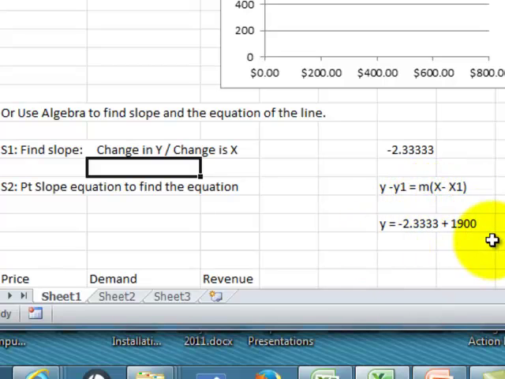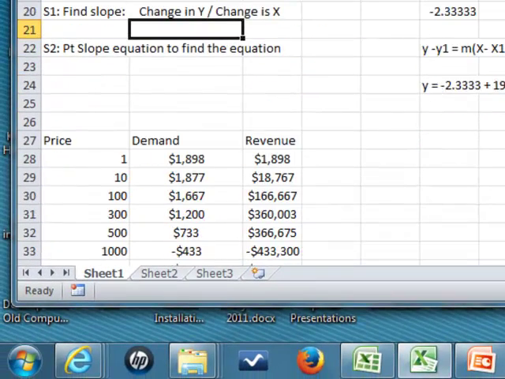We can go ahead and do the math and we get y equals negative 2.33x plus 1,900. So if you're good at the Excel tools, which chapter 2 will work on even more, you can have Excel calculate the equation for you because you have 2 points, or you can use old-fashioned algebra.